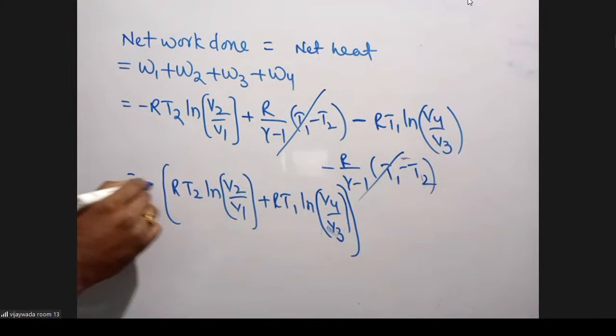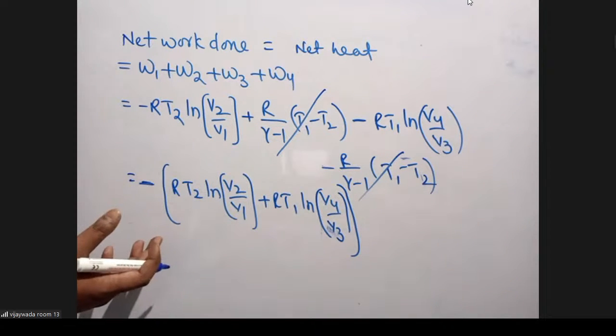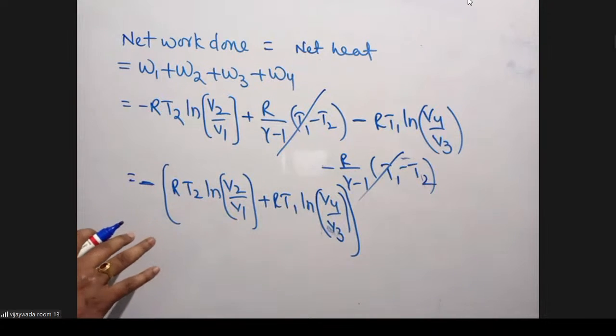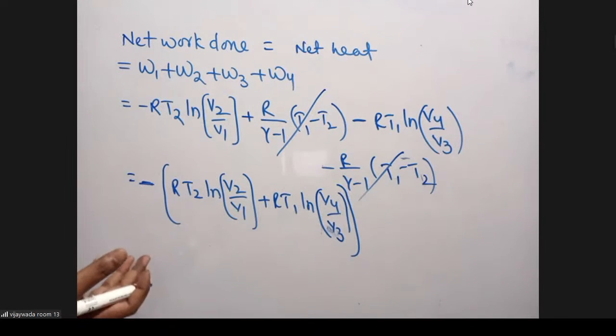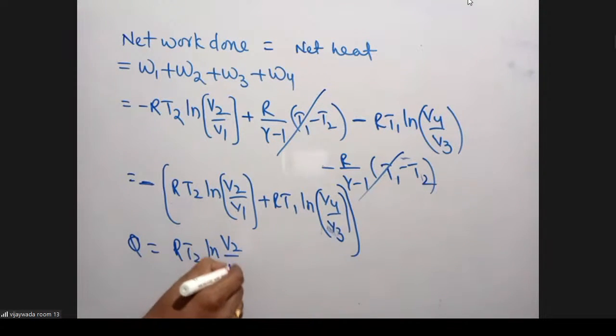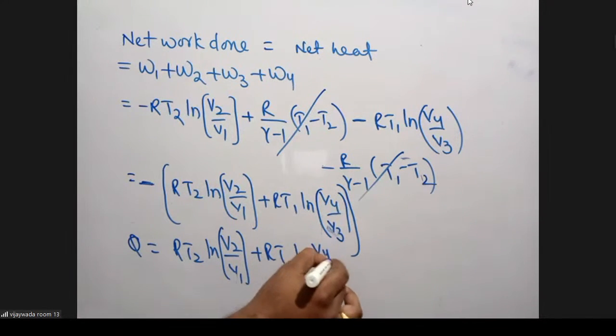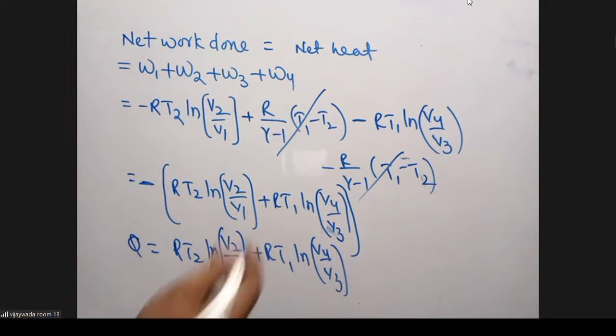If work is negative value, Q value is positive value, because total net work done in a cyclic process, definitely dU equal to 0. So Q equal to RT2 ln V2 by V1 plus RT1 ln V4 by V3. Okay, please students note this.